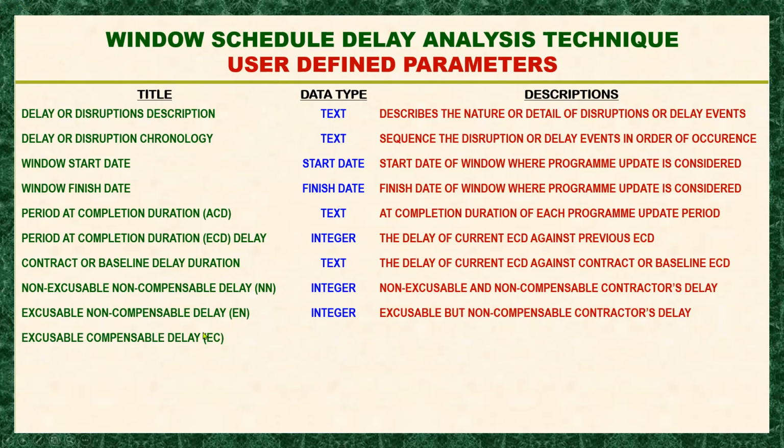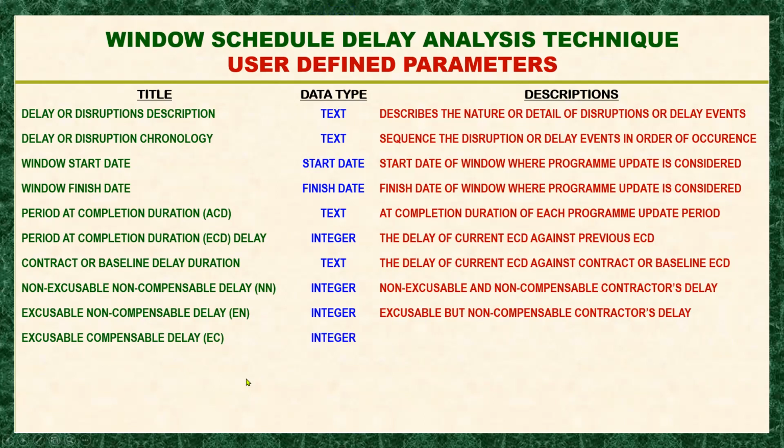When we say excusable and compensable delay, this one could be the delay caused by the client, and once the delay by the client affects the performance of the contractor, or the contractor spends time and money due to the delay or the impact of the delay, they will be excusable and they should be compensated at the same time. Okay.